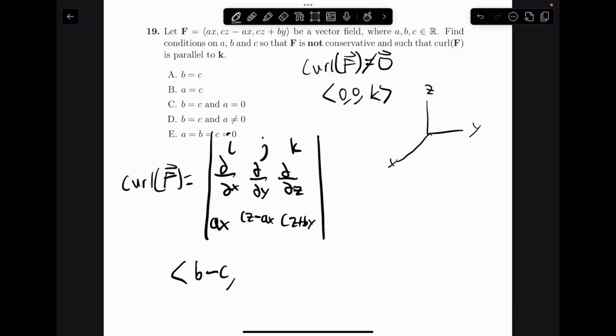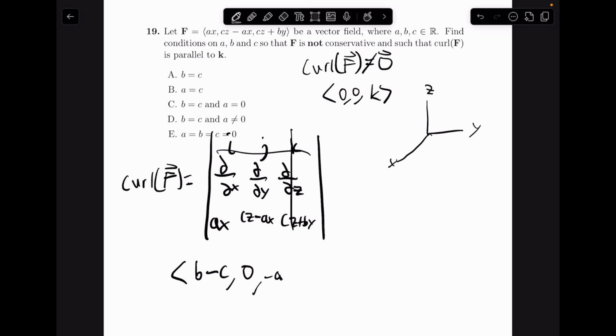Then the second component, same sort of thing: d/dx of this, which is 0, minus d/dz of this, which is 0. It's actually nice because we don't have to worry about anything there. And then the third component, same sort of thing: d/dx of this, which is negative a. Negative a.